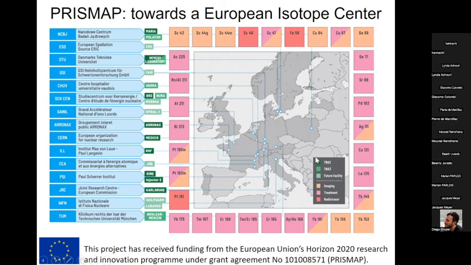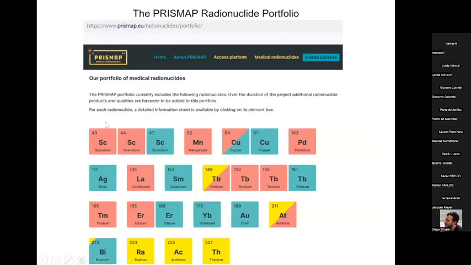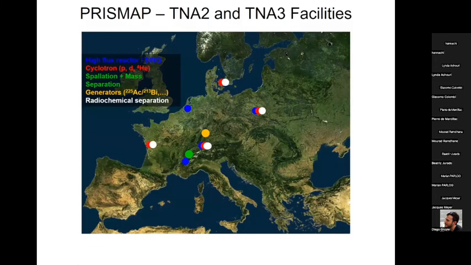And this is the present portfolio of medical radionuclides which we are offering, and it's growing continuously. So we will present some new ones next week at our next collaboration meeting. So a user can go here, and that's a medical user. A medical user is not used to work like nuclear physics people who go across the world to make an experiment at RIKEN.